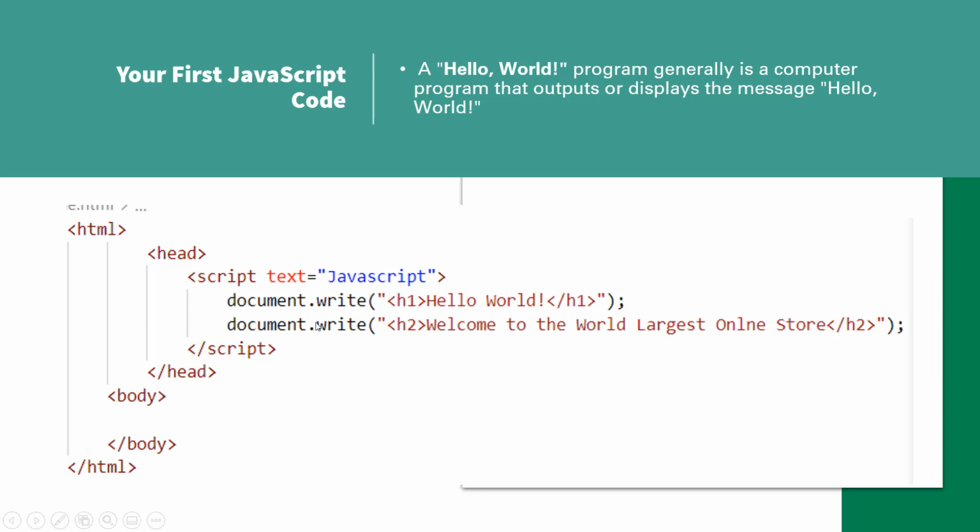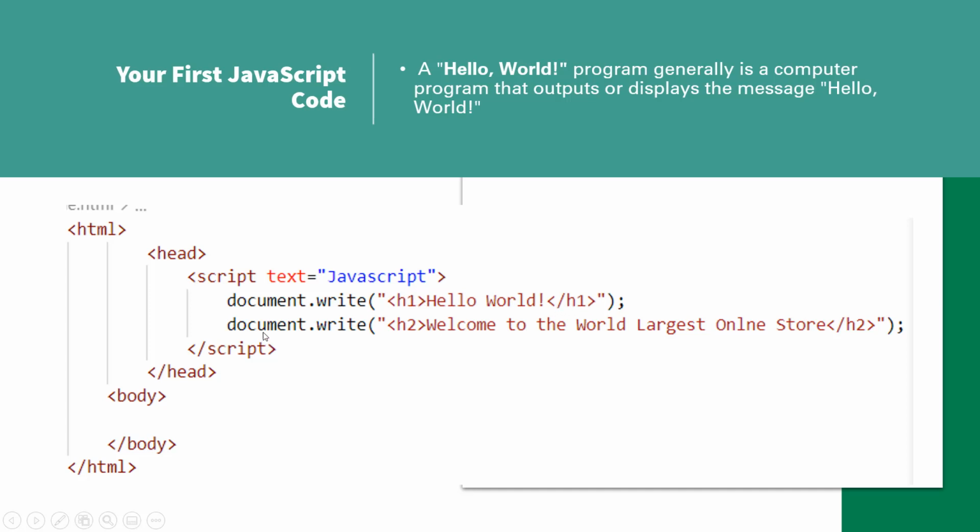We see a little instruction here, document.write. So this is a JavaScript function that helps you to write into your HTML document. So you are telling the parser, the browser, that you want to write hello world. So use the syntax document.write hello world, and in this case I'm putting it under heading 1.